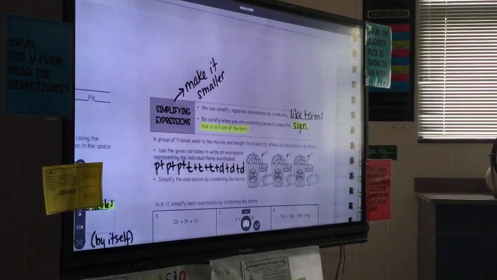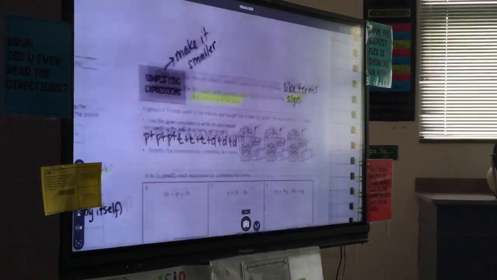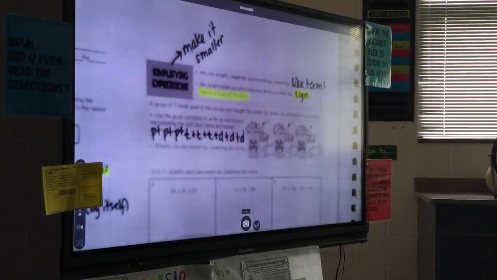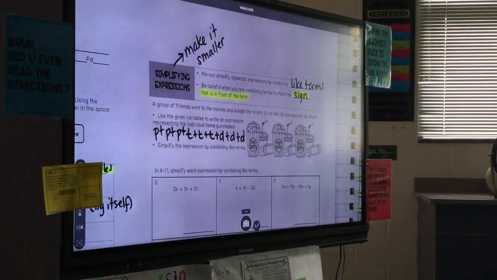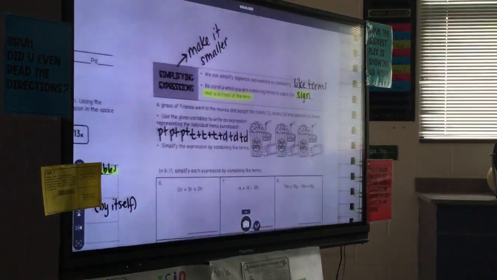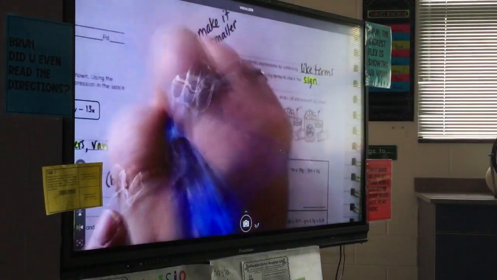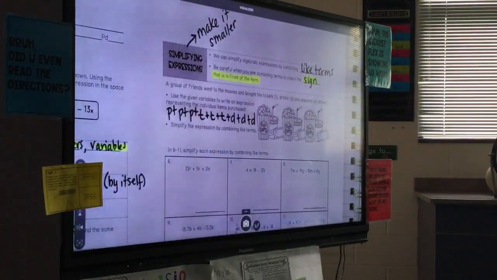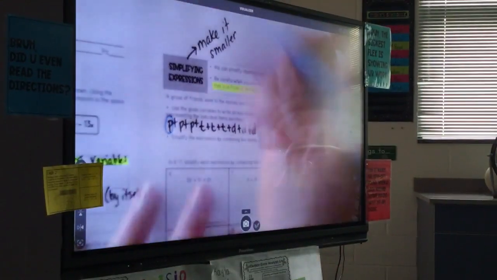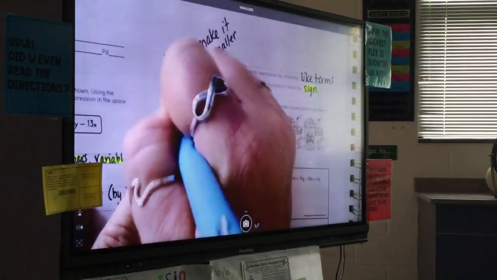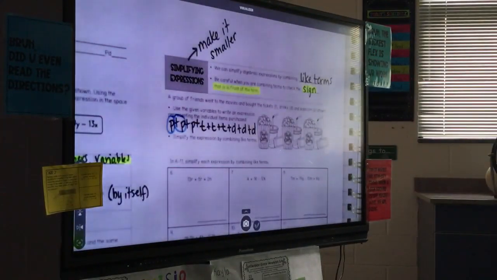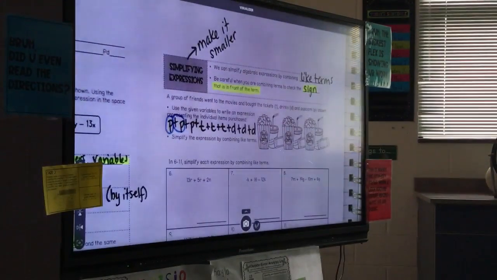Now, I want you guys to identify the like terms. So someone raise your hand and tell me one term that is the same as another. P is the same as P. Okay, so I want you to identify. So you're going to take a color and you're going to be very careful. So you're going to circle or highlight the first P, but then I'm going to include the plus with the second P. Why do I have to do that?